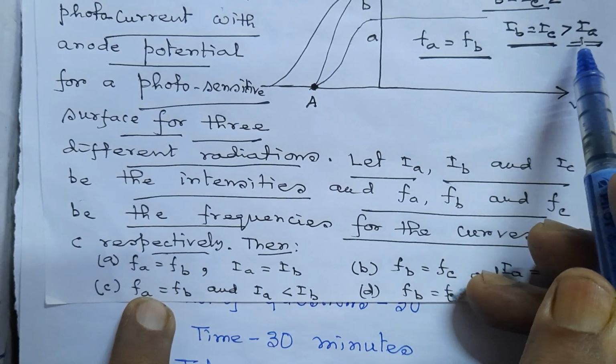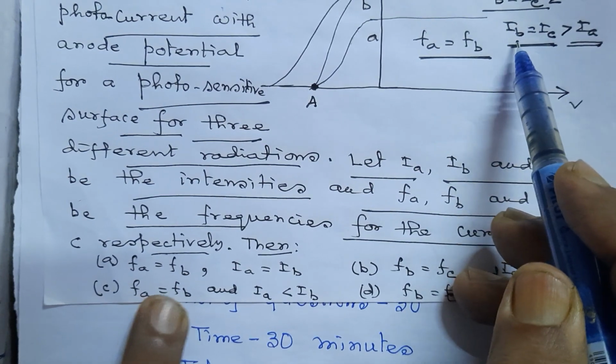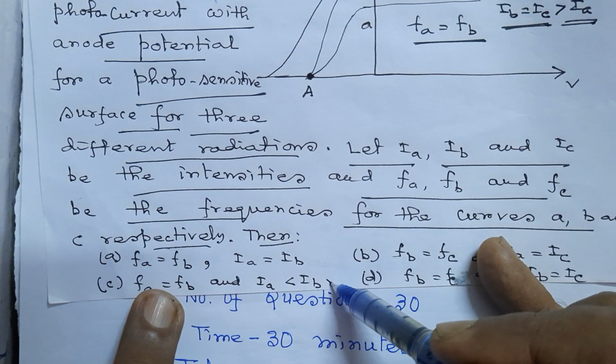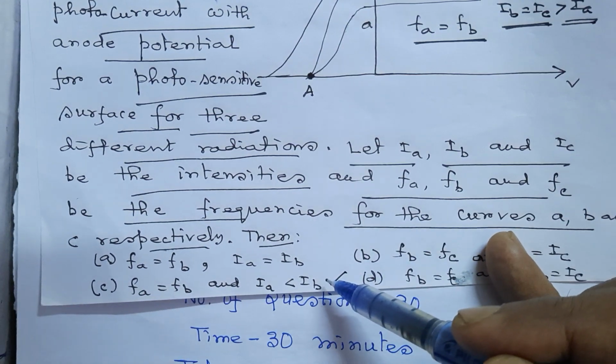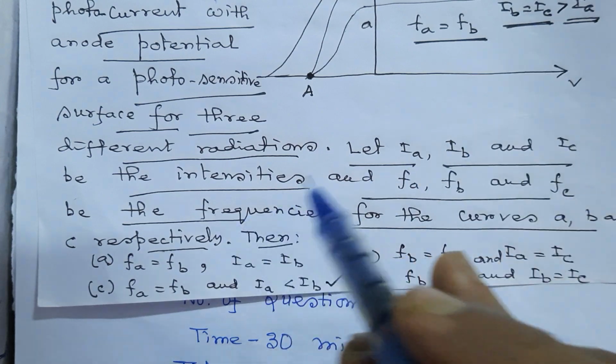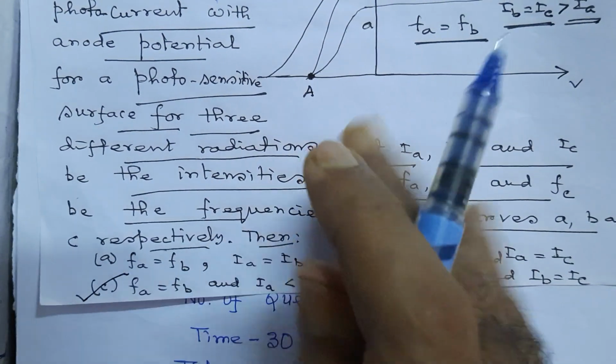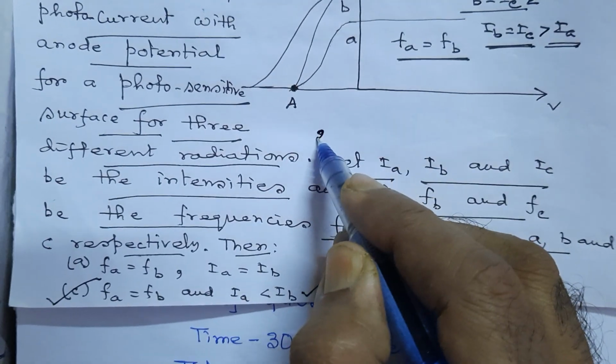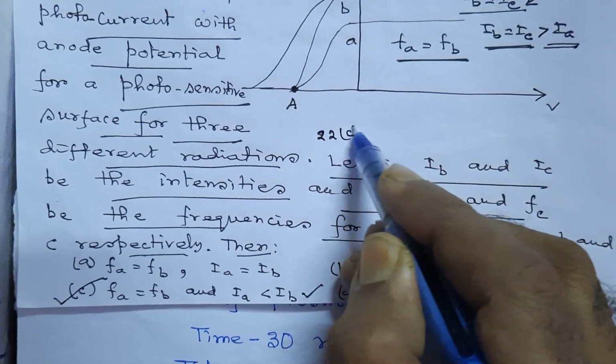IA is less than IB or IC. So IA is less than IB. We find these two conditions correctly in option C. So the answer to question number 22 is C.